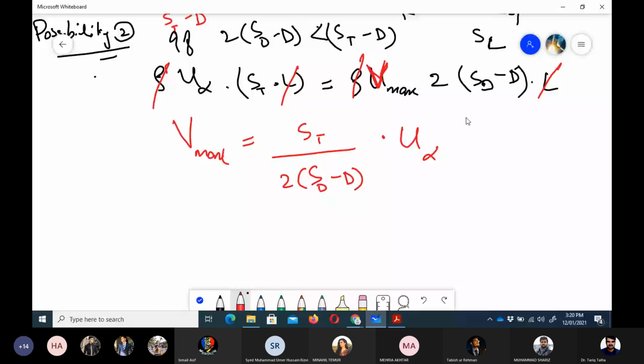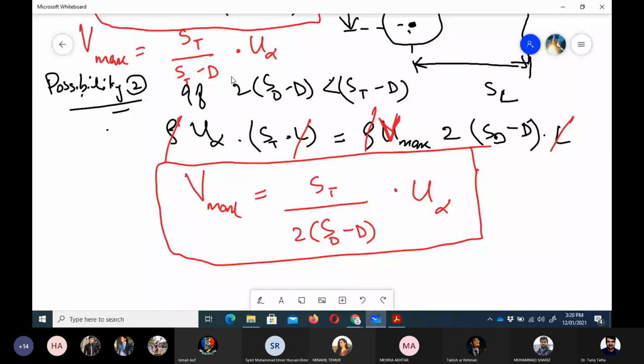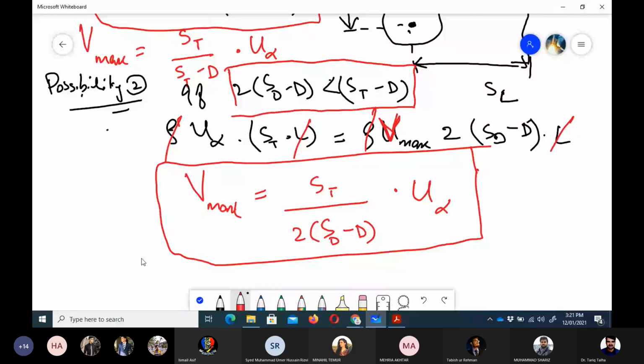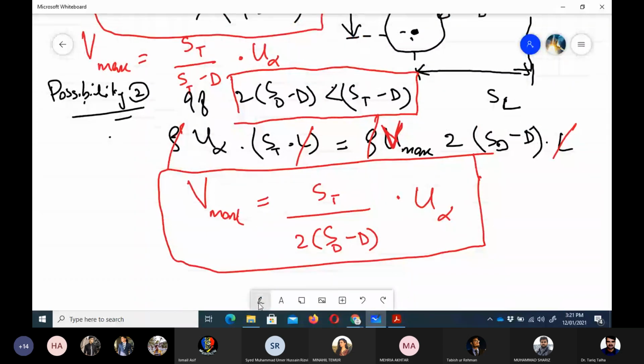So this relation for the Vmax is applicable in case of staggered arrangement when we have got 2 times (SD minus D) smaller than ST minus D, and I have told you that would be only possible when ST is far greater than SL.